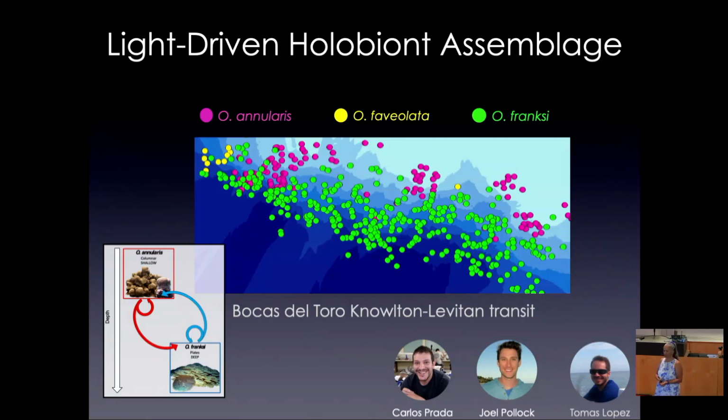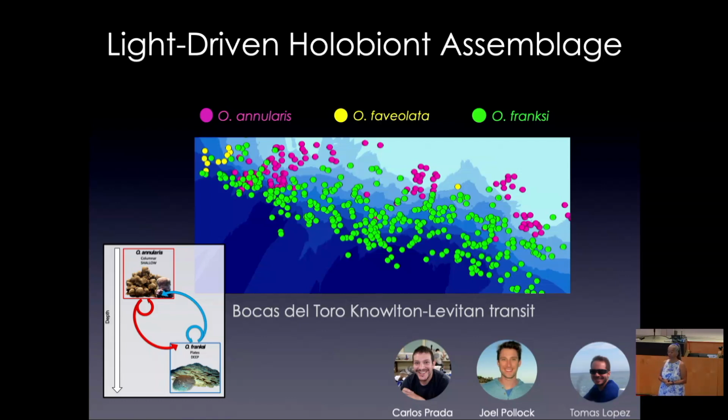So this is a reef in Panama at the Smithsonian field station there, and we chose to work there because Don Levitan and Nancy Knowlton have been working there for decades now, and they have mapped every single colony in this transect, and they know who they are. So there is very little Fabiolata there, and in fact, that colony is a genet and has gone extinct from the reef.